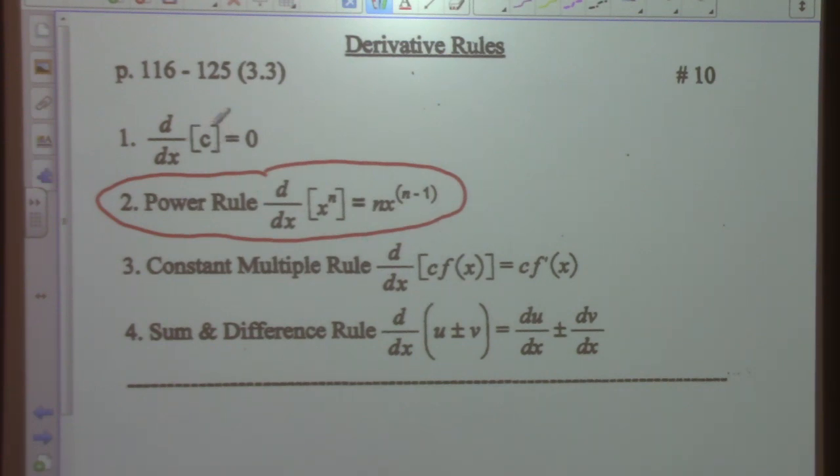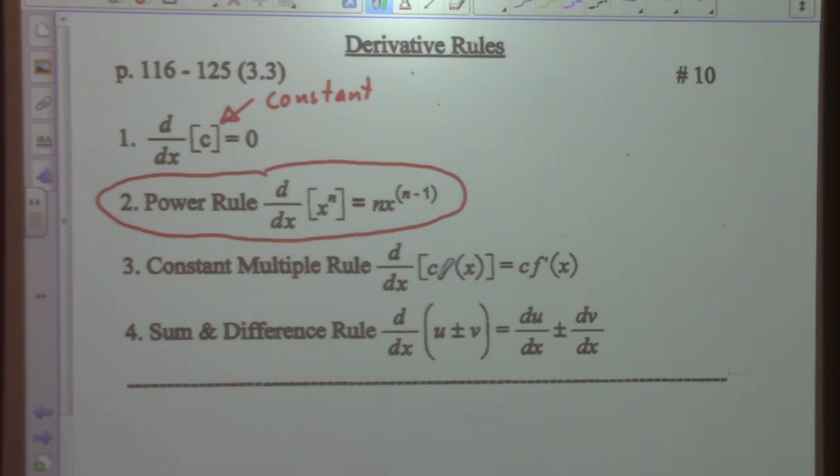These other rules are also important. The derivative of c, and c being a constant. If you have the derivative of a constant, that is 0. Okay? So anything that is a number unattached to a variable, that would be 0.